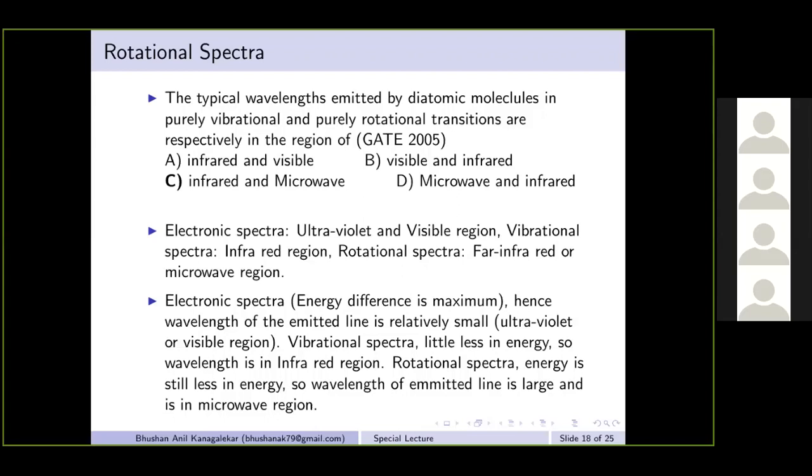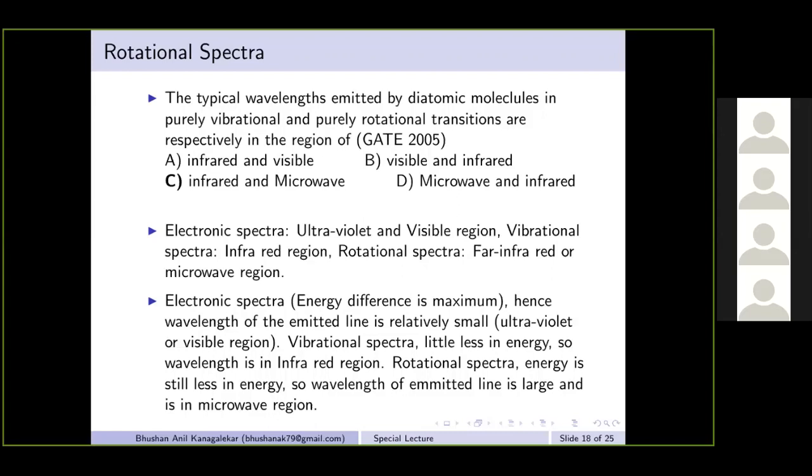Next to that comes the vibrational spectra. The vibrational levels are a little less in energy. Hence the energy difference is maximum for the electronic spectra, so wavelength is minimum.